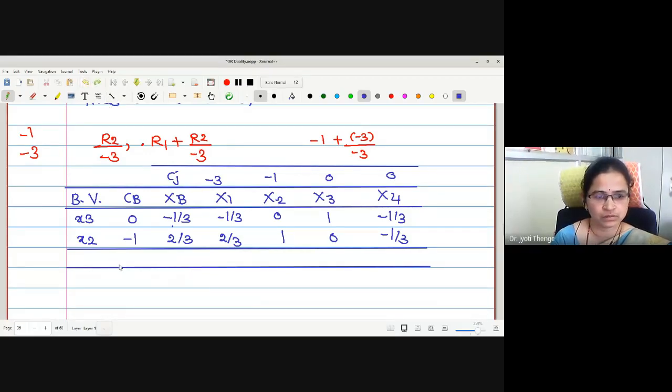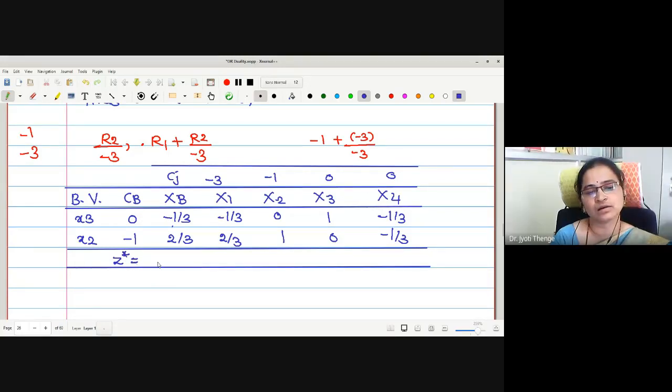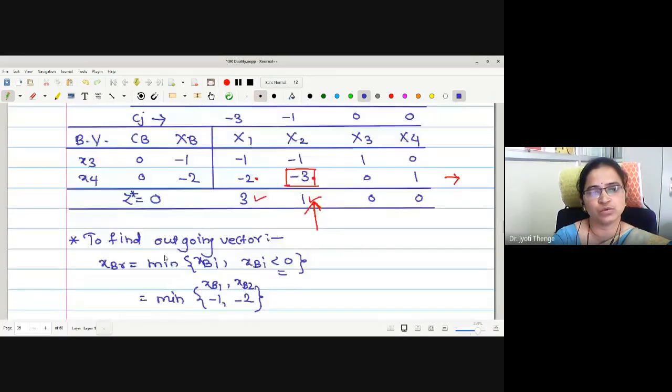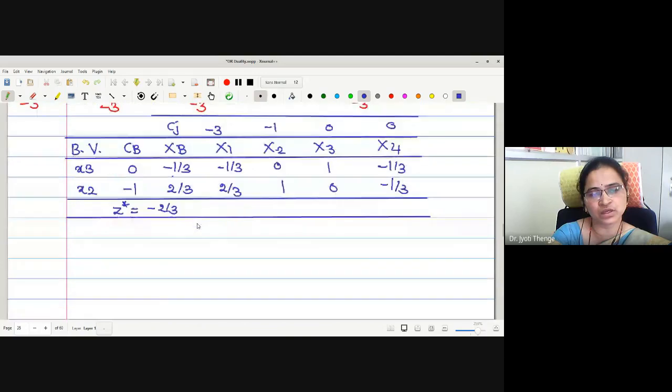Am I audible? Yes, ma'am. What is Z star? Minus 2 by 3. Let me just write the value of Z star here. What is Z then? 0. Now if Z star is minus 2 by 3, what is my Z? Plus 2 by 3, no? Whether the value increases or not.